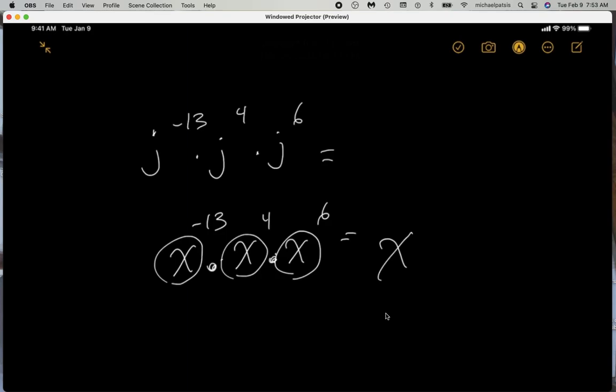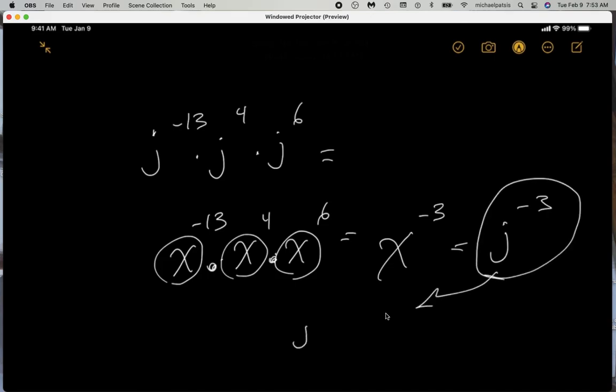Keep the base the same and add the exponents. So this is going to be x to the negative third, and you can change that to j to the negative third. This is j to the negative third over 1. We could change that to 1 over j to the positive 3. We took this, we crossed the line, we changed the sign.